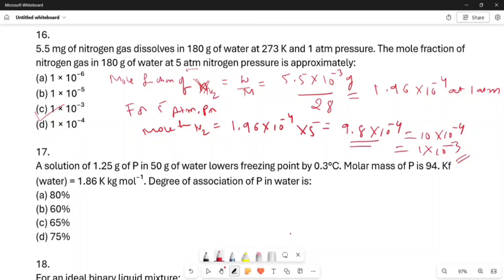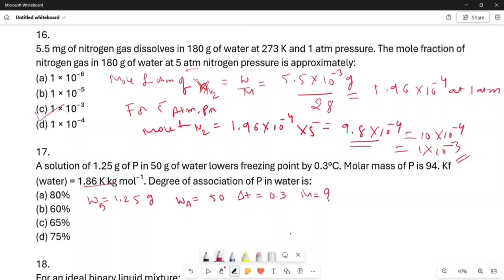Kf is 1.86. Weight of the solute is 1.25 gram. Weight of the solvent is 50 gram and delta T is equal to 0.3 degrees. So first you have to calculate the molar mass.